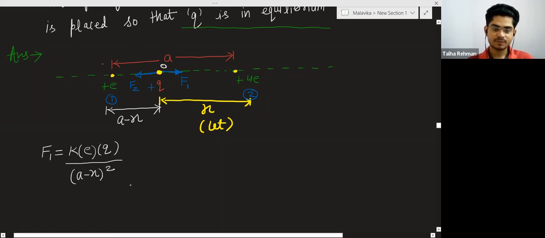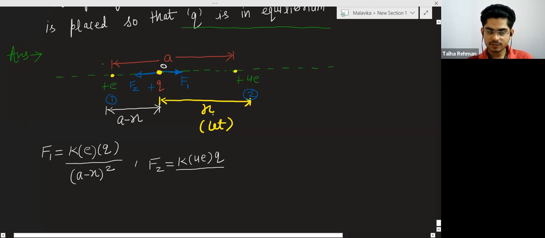And for F2, these are two charges, 4E and Q. So K times 4E and Q divided by x square, since x is the distance between the two charges.